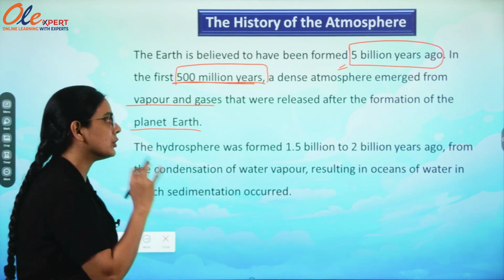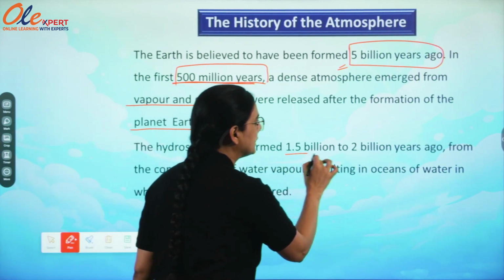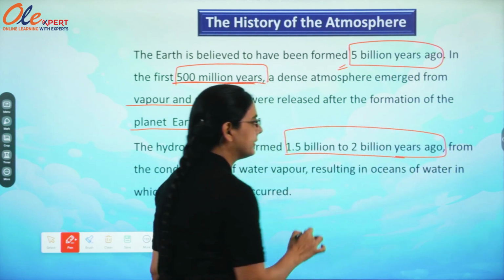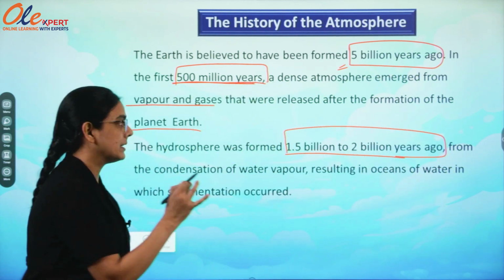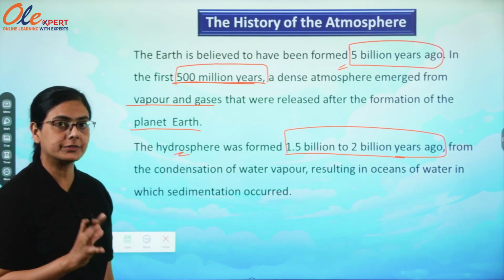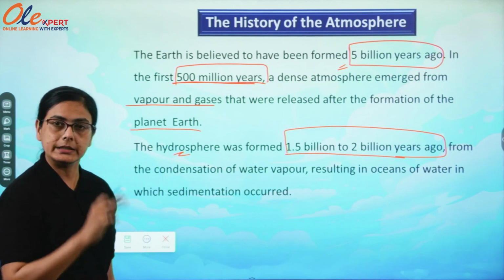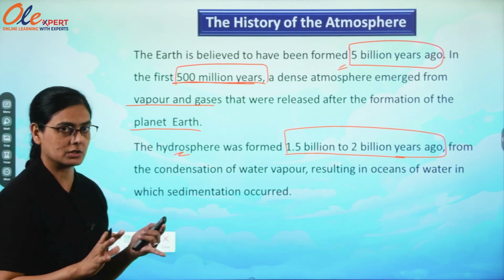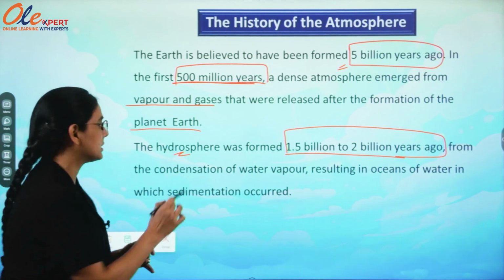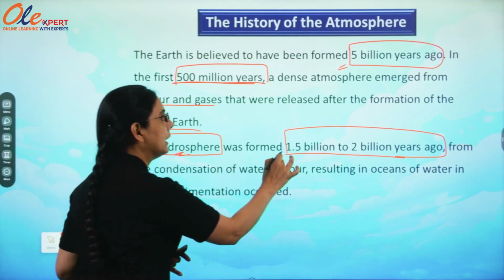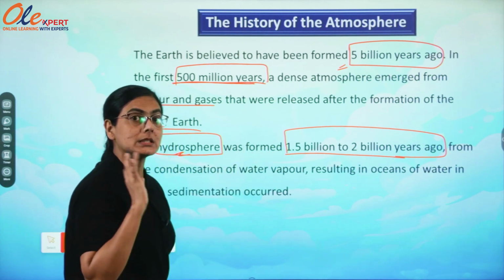The hydrosphere was formed 1.5 billion to 2 billion years ago. There are three spheres of planet Earth: hydrosphere, atmosphere and lithosphere. The first evolution was of the hydrosphere, and it was formed 1.5 billion to 2 billion years ago.